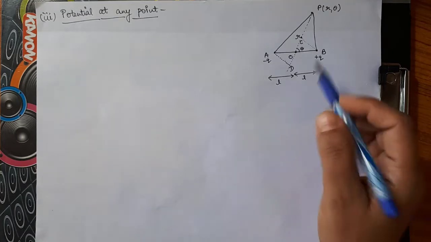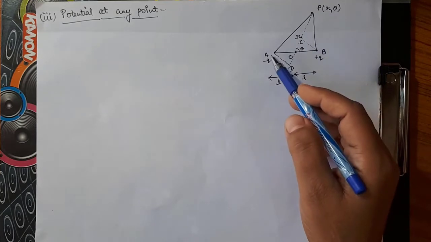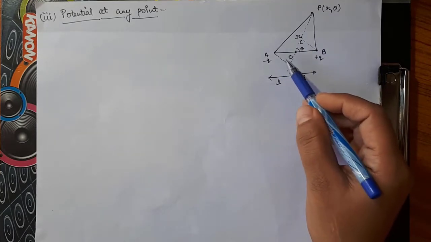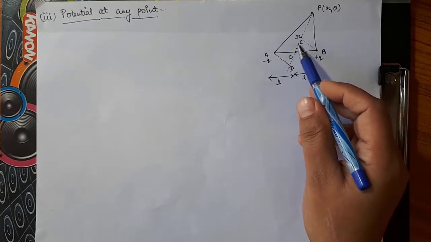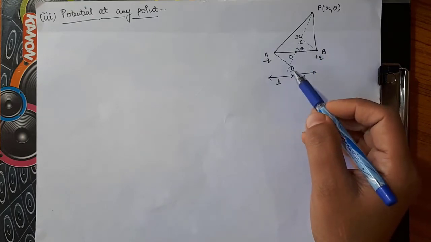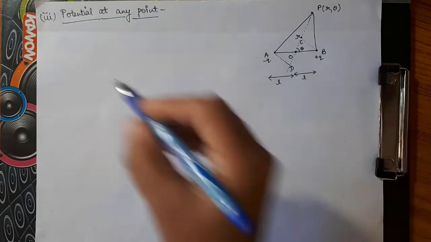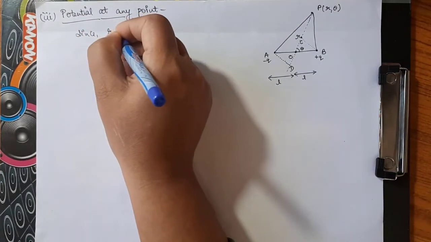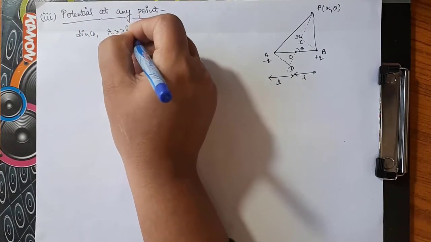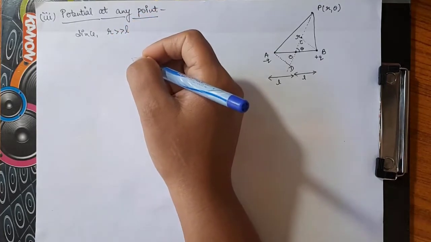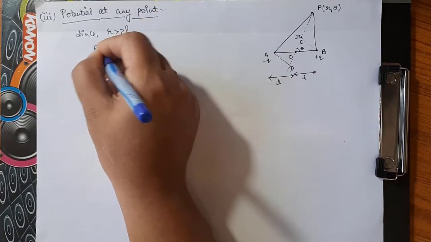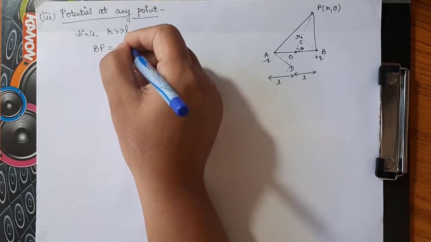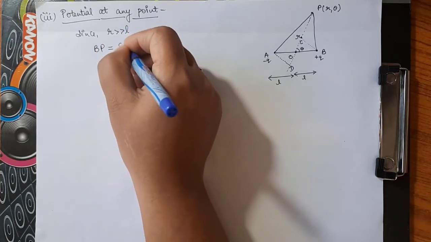Now let us join PB and PA and draw perpendiculars AD and BC on the line OP. Since r is much greater than L, we can write BP is equal to CP.